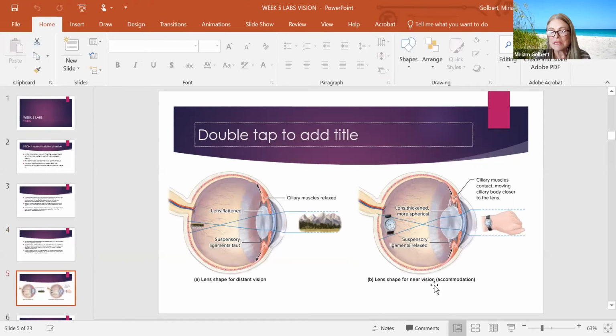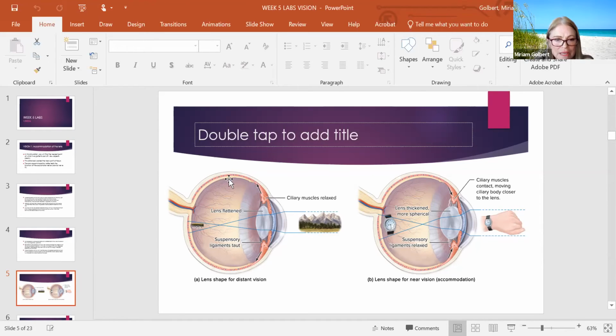So here is a little bit of the anatomy of the eye. What you have here is the eyeball. The outermost layer of the eyeball is called the sclera. Then the next one over that, which you see here with little dots, is called the choroid layer or choroid coat.